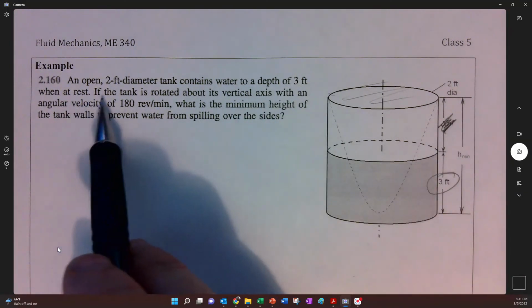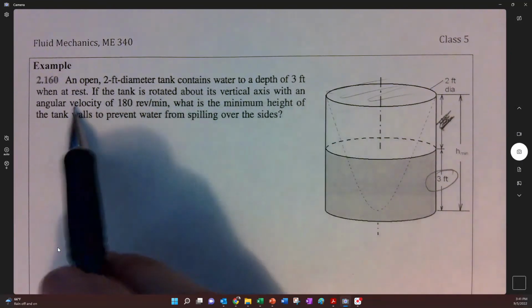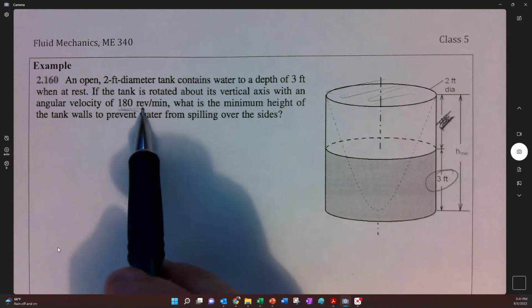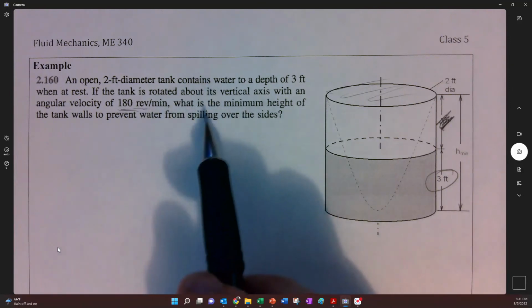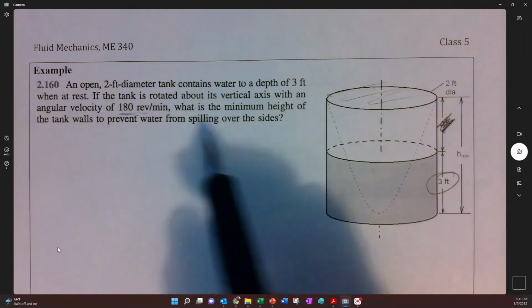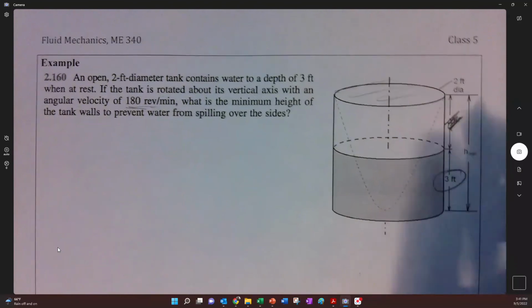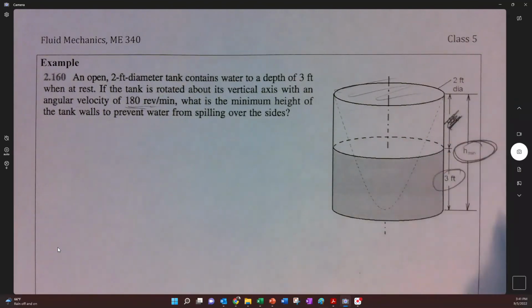And when at rest, if the tank is rotated about its vertical axis with an angular velocity of 100 RPM, revolutions per minute, what is the minimum height of the tank walls to prevent water from spilling out? Okay, so we need to find this. That's what we're out to get.